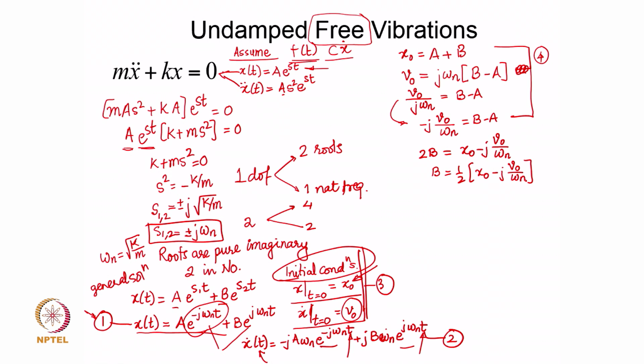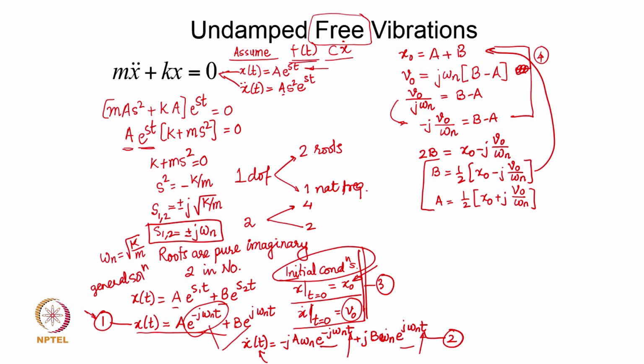That is the expression for b that I have got here, and you substitute that into this equation, I am sure you will get a equals half, please do that yourself, x naught plus j V naught by omega n. Quite easy to do that. So, when you substitute b into this equation, you will get a as half of x naught plus j V naught by omega n. Do you observe something interesting in the expressions of a and b?